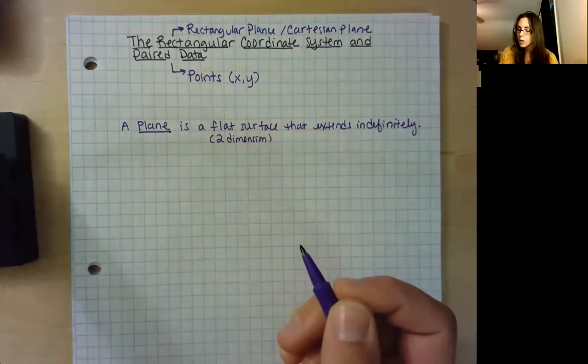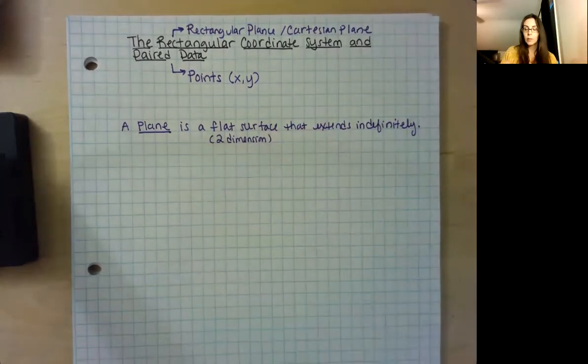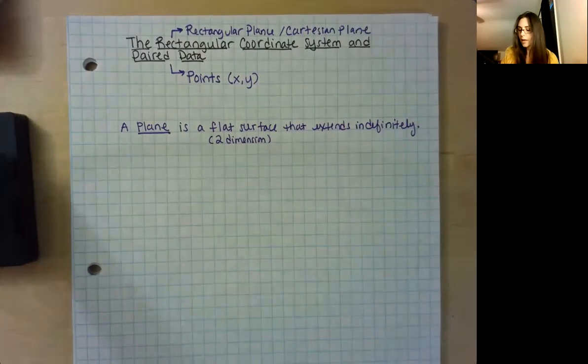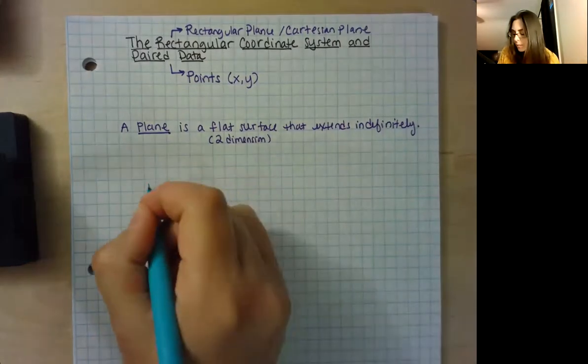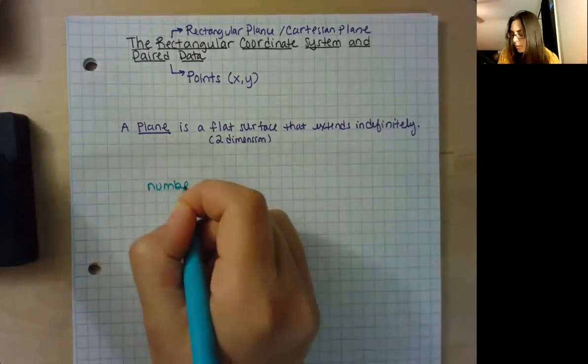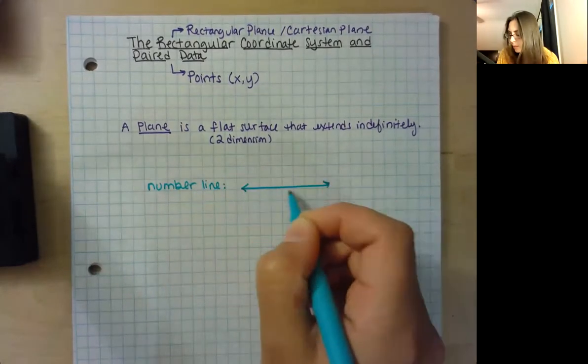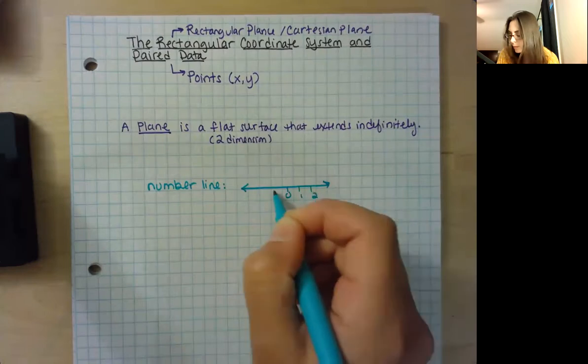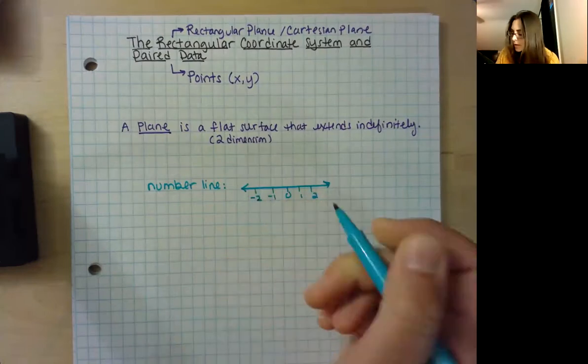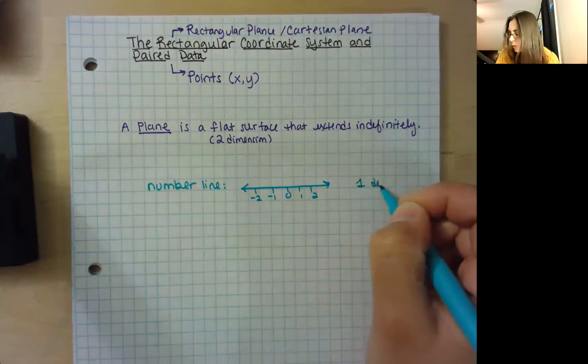So we're not 3D. Just as a little bit of review, we've seen number lines before, right? That looks like this. So this is one-dimensional, so it has one dimension.